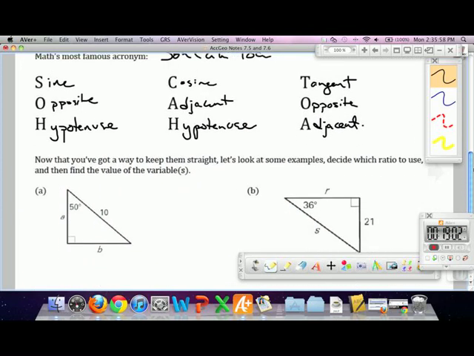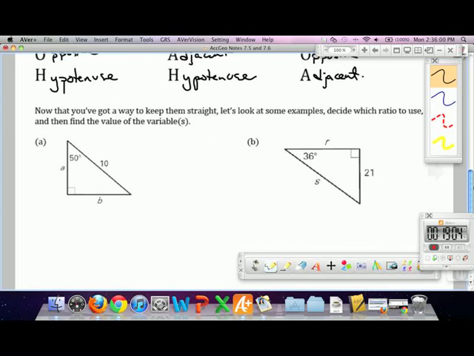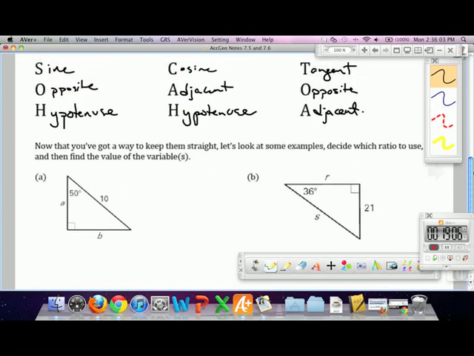So if I give you this triangle here, and I only tell you the hypotenuse, I want you to find each of these two sides. Well, what are some things we could do? We could use that idea of SOHCAHTOA.